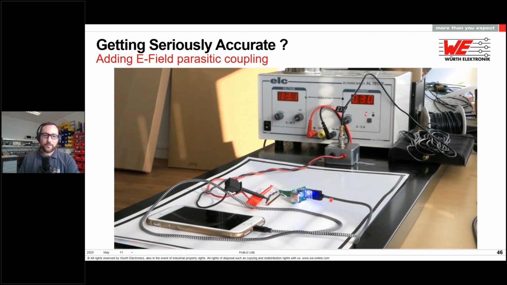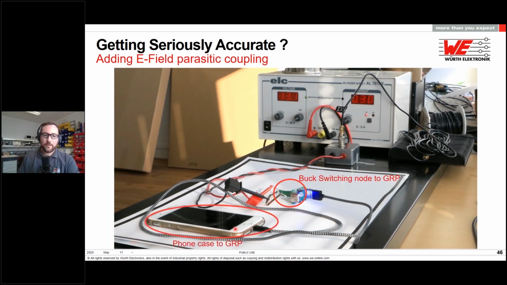So in a previous presentation, we saw that when I'm sitting over the ground reference plane with my LISN, I get common mode contribution from the objects close to the ground reference plane. This comes from the capacitive coupling between the switching node or the device in general and the ground reference plane.